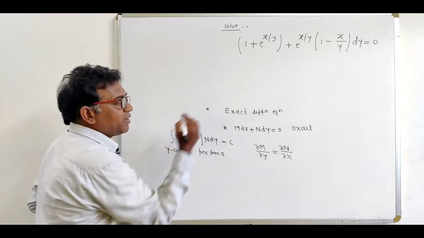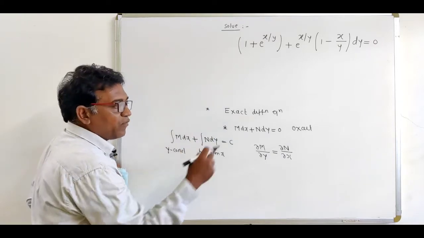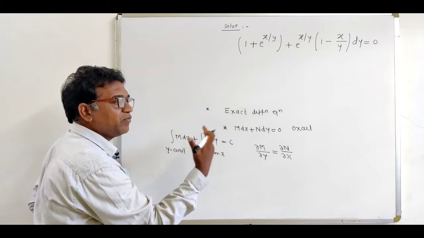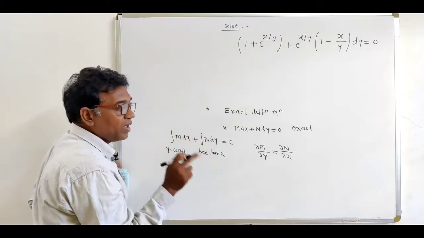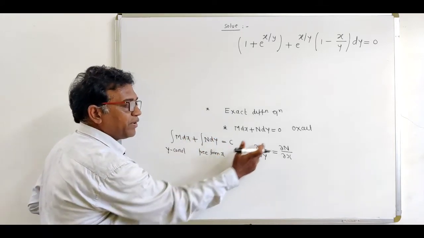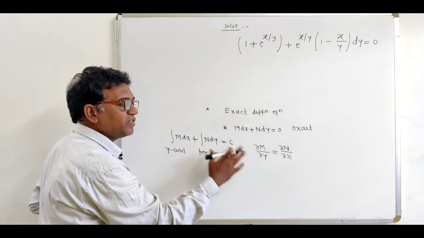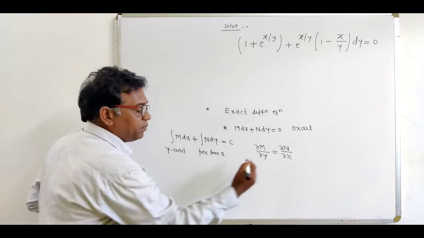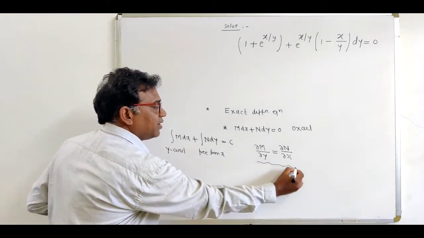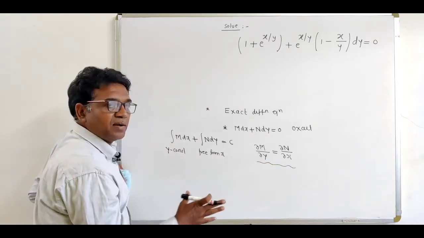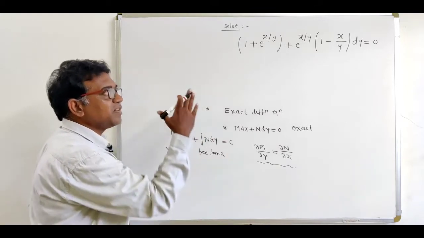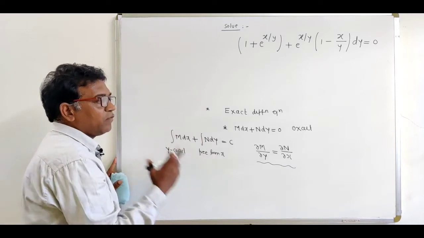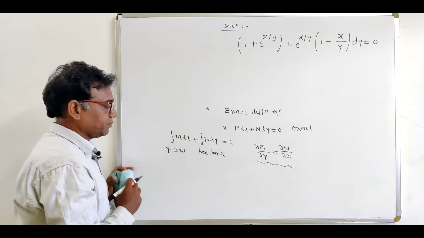So just remember this concept. When the differential equation of the form M dx plus N dy equal to 0 has del M by del y equal to del N by del x, then we can say that it is an exact differential equation, and this is the formula for finding its solution.